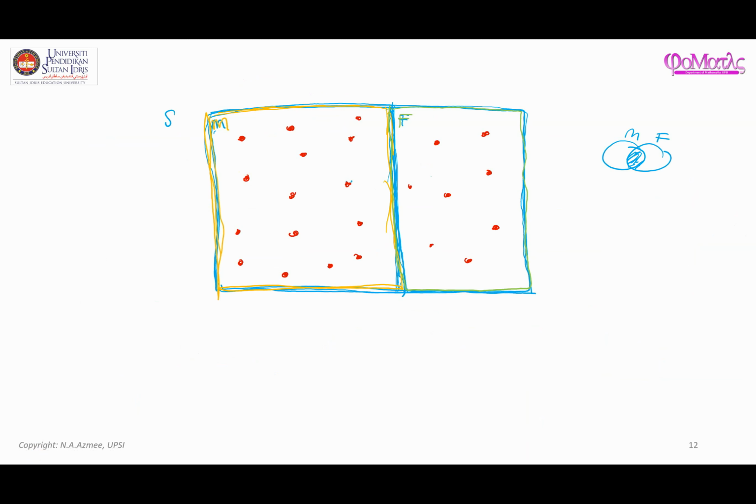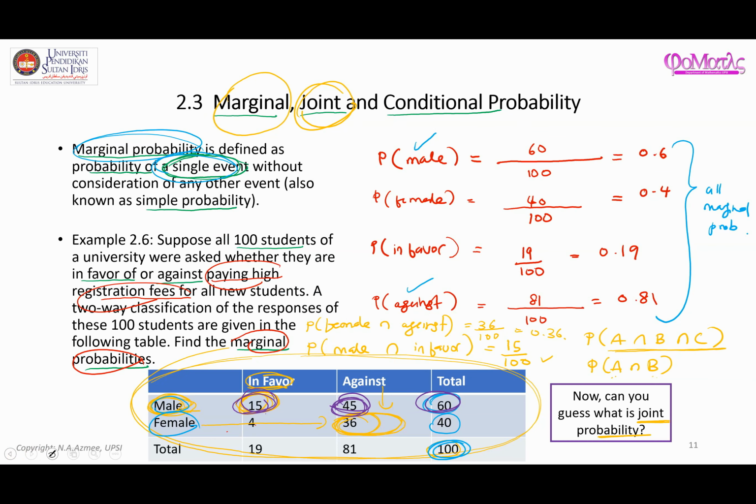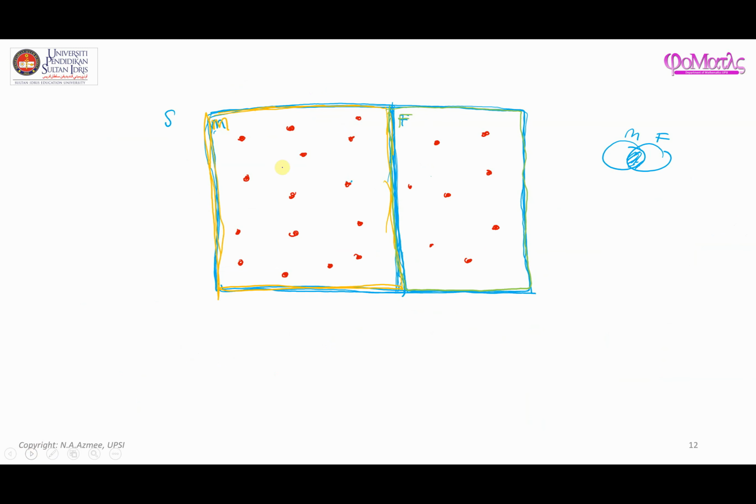So for male, in favor is 15, against is 45. You can imagine having a set that looks like this. Male, so in favor is just very small, so maybe this one. Okay, so this is the intersection.